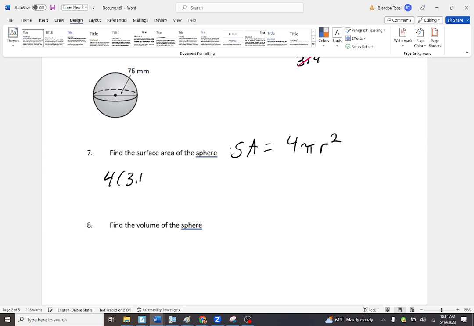4 times 3.14 times, but we have to be careful. What I have here is not the radius, but the diameter. So I need to cut this in half. Make sure you cut 75 in half before you start, which is 37.5. 37.5 squared.